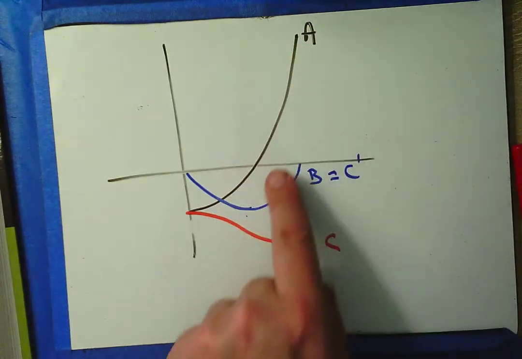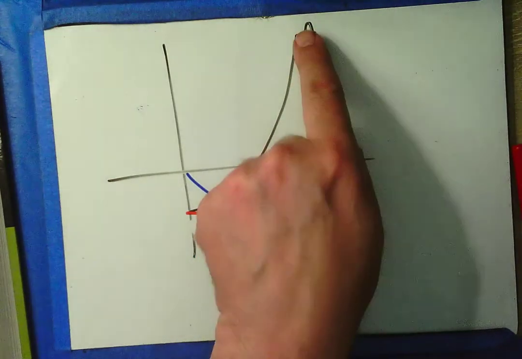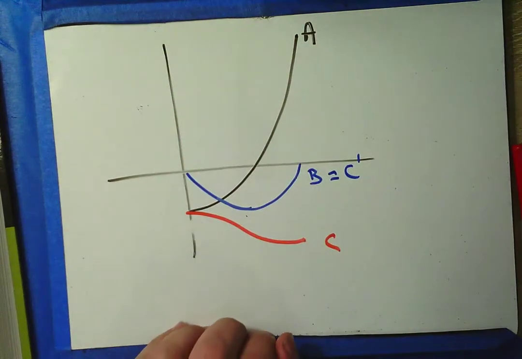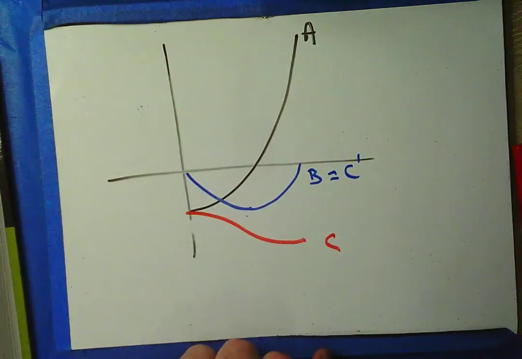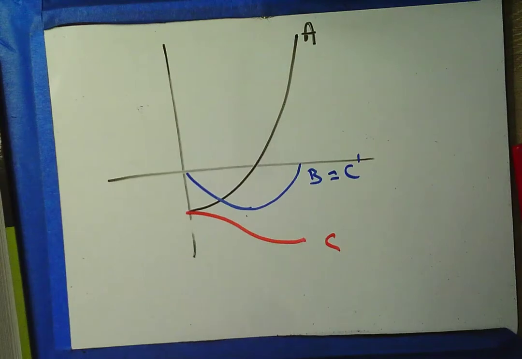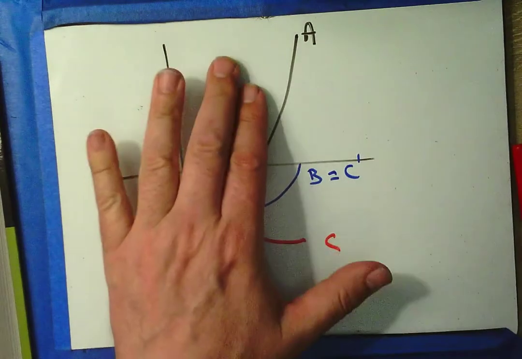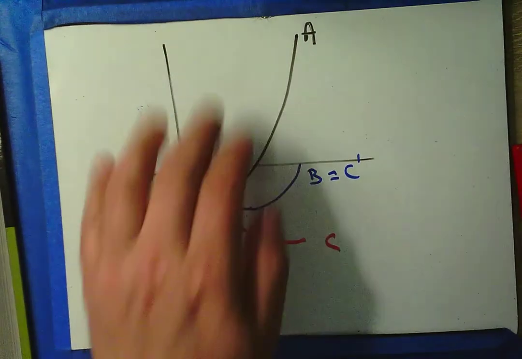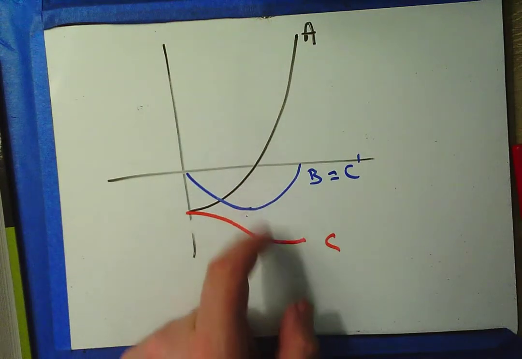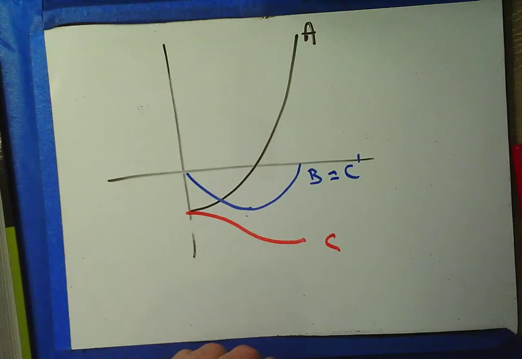The slopes here are all positive slopes. So I would expect the derivative of A to always be above the x-axis. I don't see anything above the x-axis except A. So A is not my original function, because A's derivative would have to be B or C, and neither B nor C is above the x-axis. So A can't be my first function.